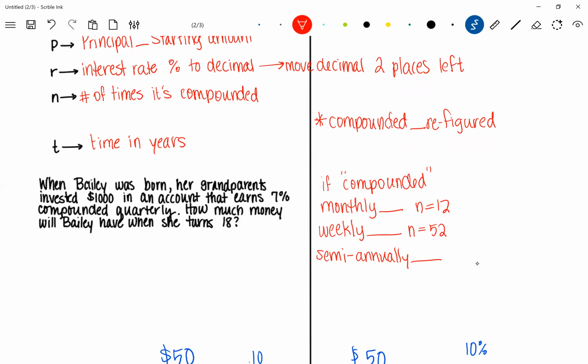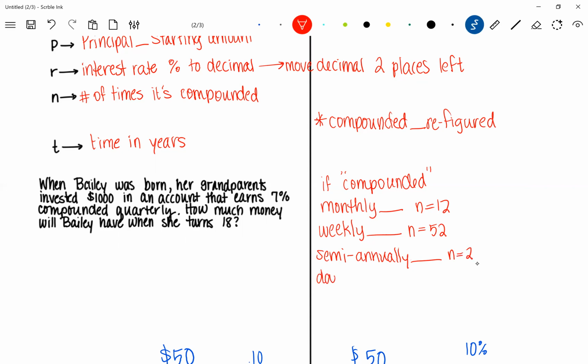A semicircle is what? Half a circle. So semi-annually would be half a year. So how many times would it happen if it's compounded every half a year? Once every 6 months, but how many times is that in a year? Twice, right. So semi-annually, N would be 2.